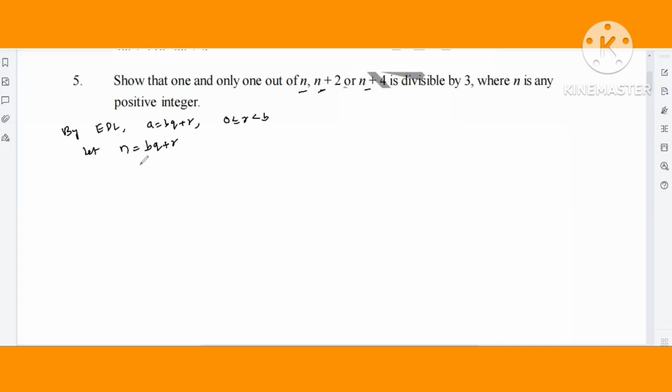Now I'm taking b as 3. Assume b equals 3. So what remainders do you get? 0, 1, 2.